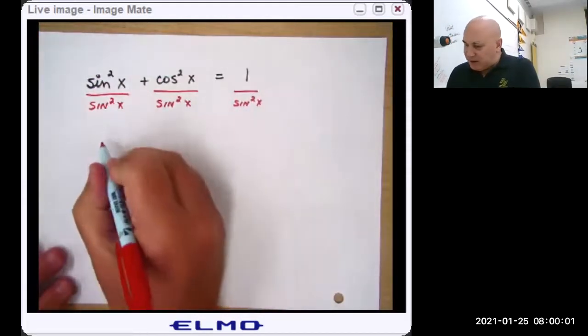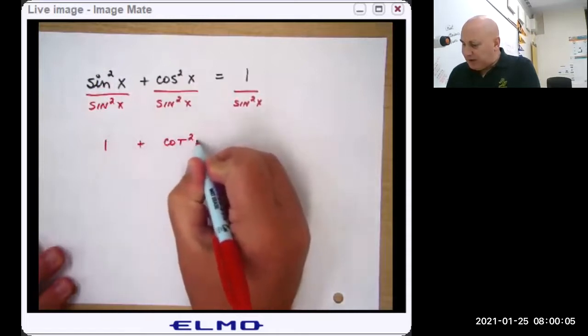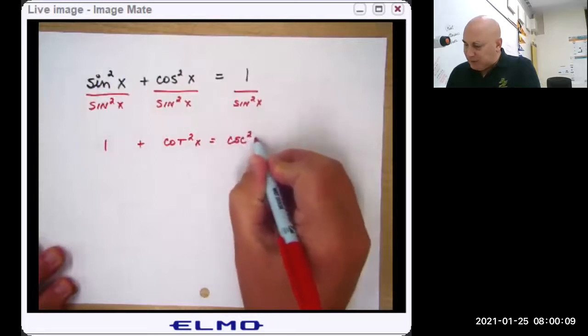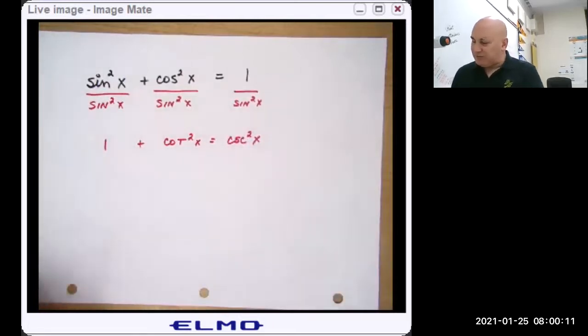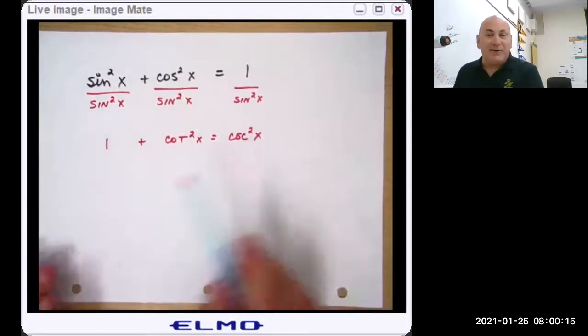And when I do that, I get 1 plus cotangent squared x equals cosecant squared x. So this is another way of writing the Pythagorean identity.